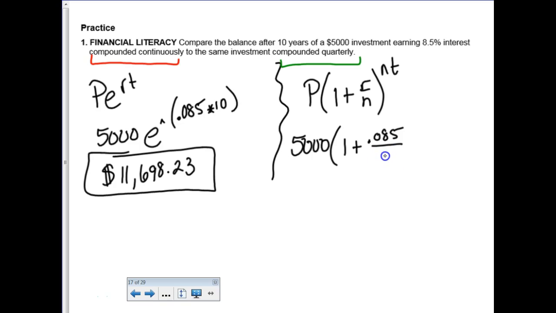What does quarterly mean? 4, good, 4 times. So N represents how many times you collect interest every year. So quarterly means 4 times a year. And then up in the exponent here, if you have a newer calculator, you don't need to use parentheses here, but you do have 4 times 10. Or you could just write 40 if you prefer that.